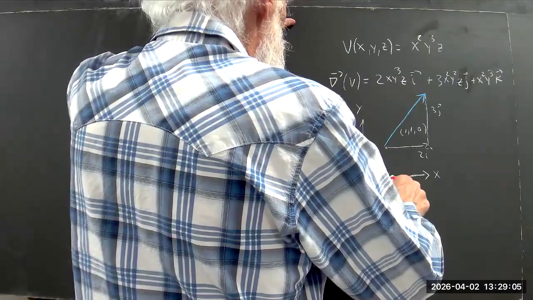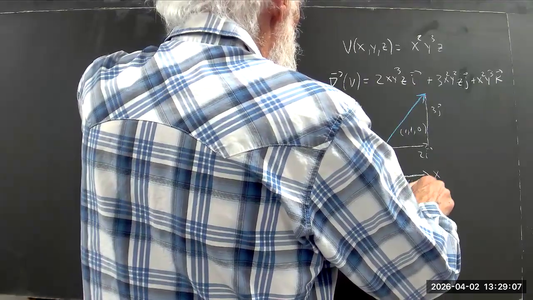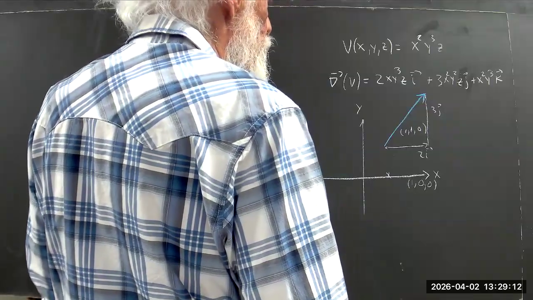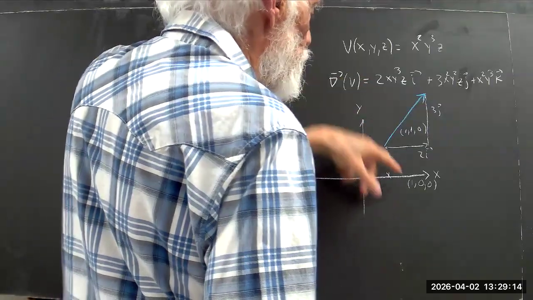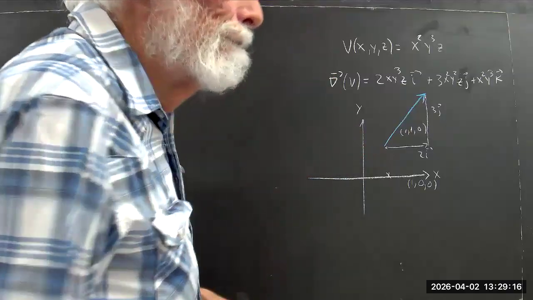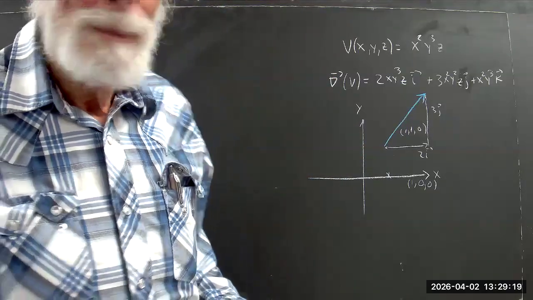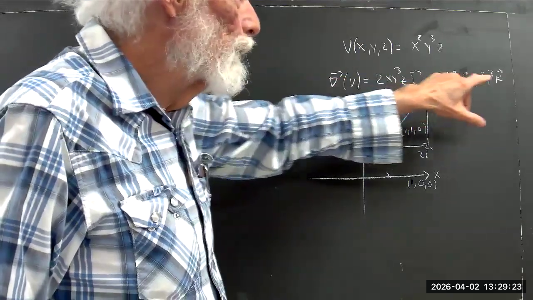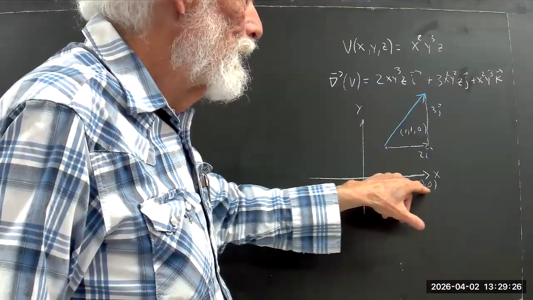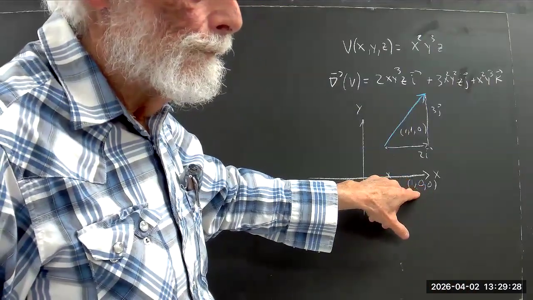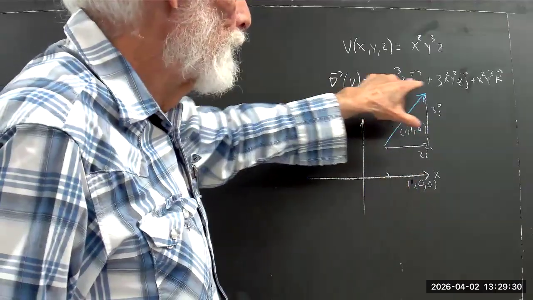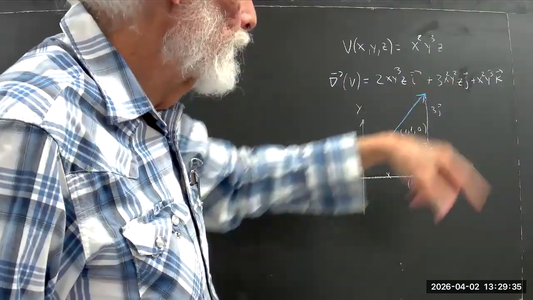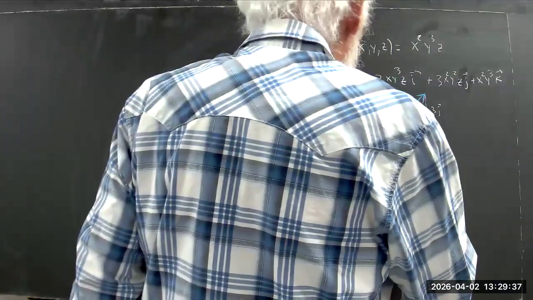If we go to the point 1, 0, 0, then our vector is 0. Because every one of these except the last one has y equal to 0. Well, all of them actually have y equals 0. So y is 0 here, so they're all 0. So you've got nothing.